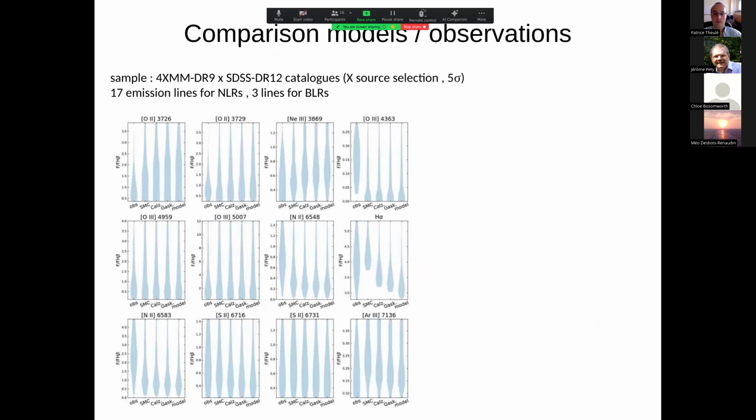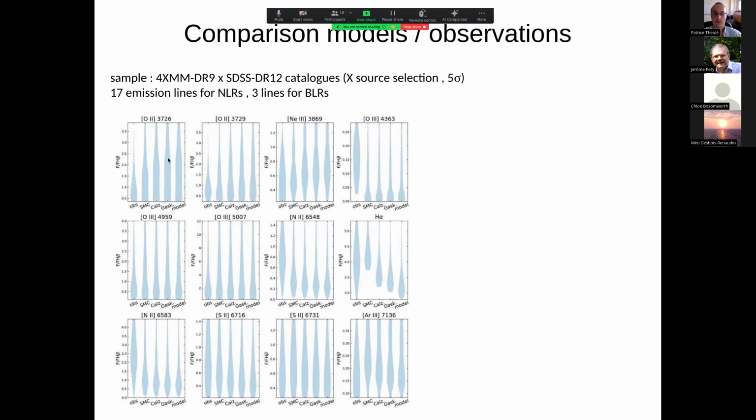What is interesting is if we compare the line flux for several lines. These are the observed fluxes in a catalog which is cross-matched with XMM, so it's X-ray selected. We compare the observation with the modeling, and we apply different attenuation laws to this model.